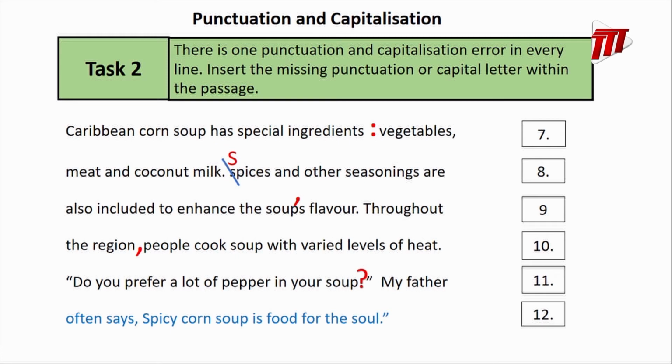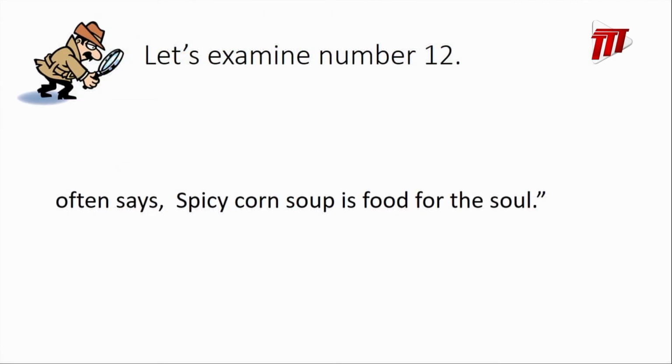So he is talking. His words of direct speech are enclosed at the end, but they aren't at the beginning. So where does he start to speak? You would have figured out already that we are missing open quotation marks. Where do they go? Yes, my father often says, open quotation, spicy corn soup.